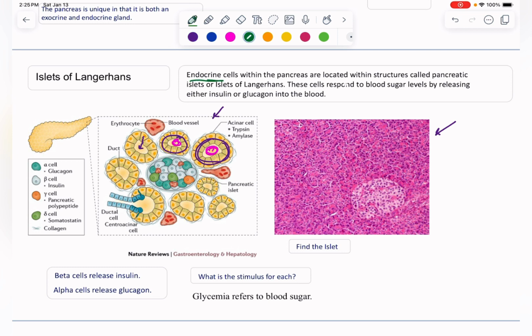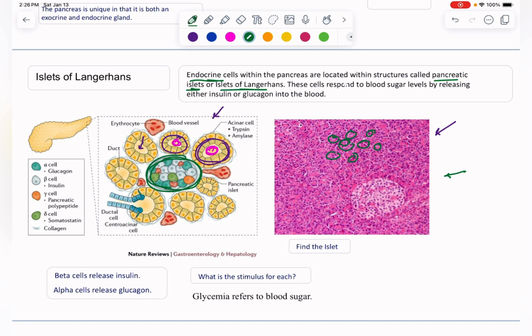The endocrine cells of the pancreas then are located within these structures called pancreatic islets or islets of Langerhans. And that's represented by these cells here. If we look at the actual histology, all of this area in here represents cells that are going to produce pancreatic juice and serve a digestive role.